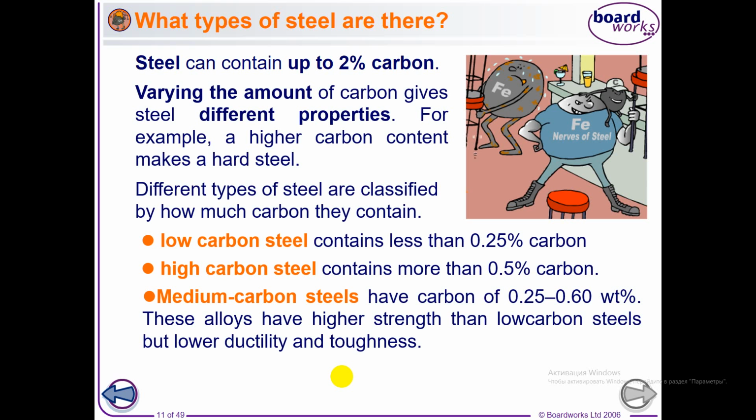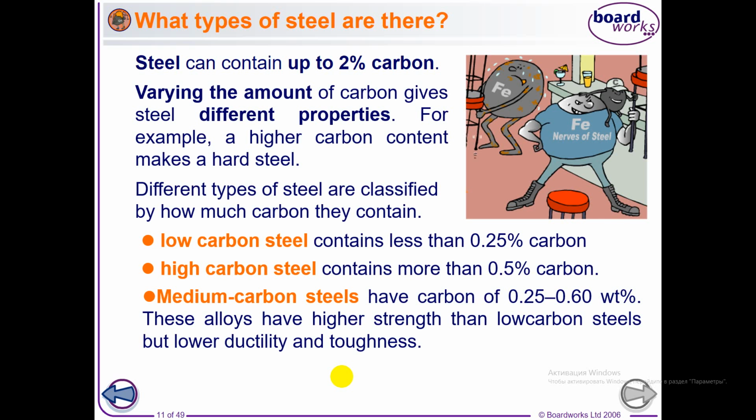The main application in civil engineering is in high-strength structural components, where a combination of high strength, ductility, and toughness are critical. Medium carbon steels are also extensively used in the railway industry.